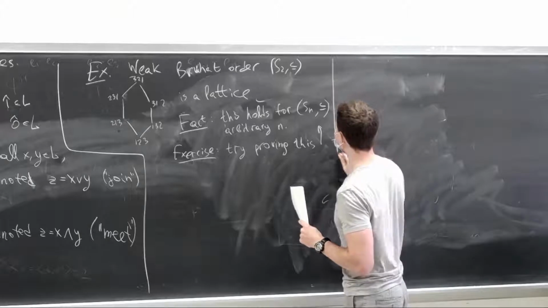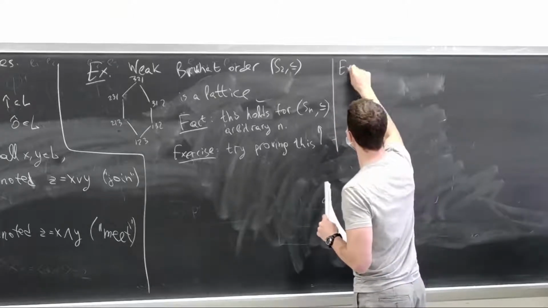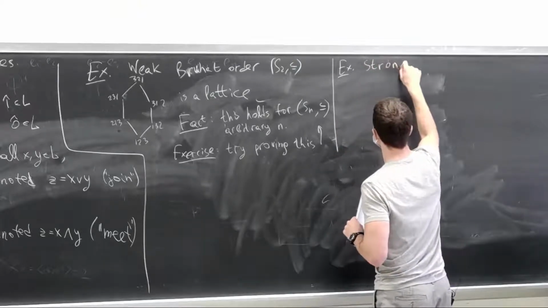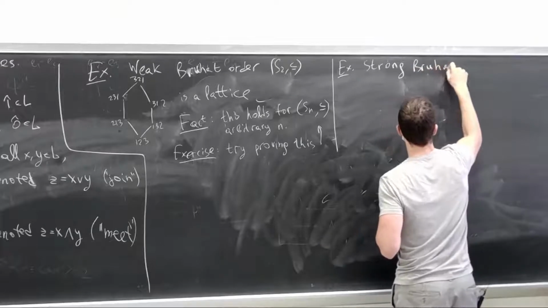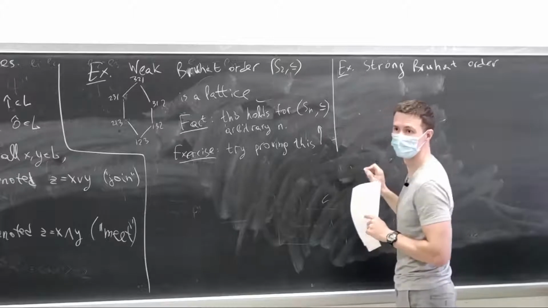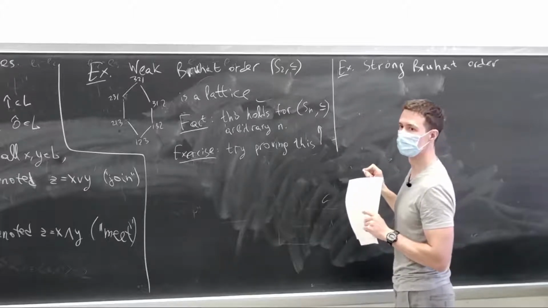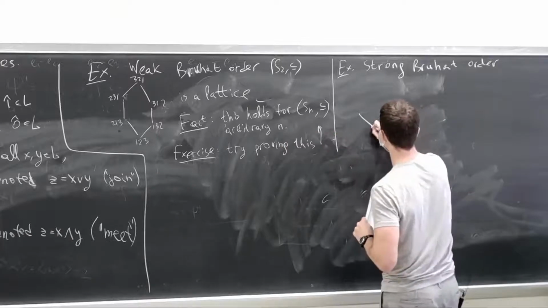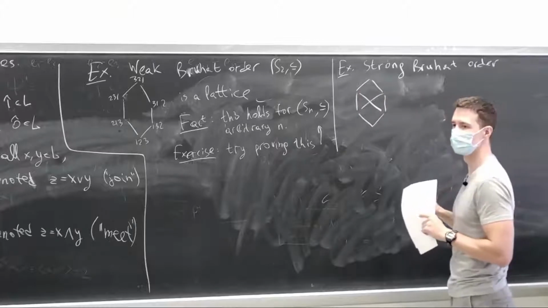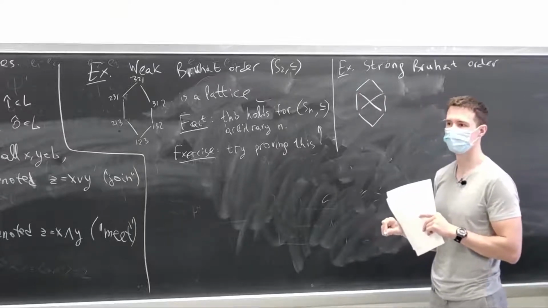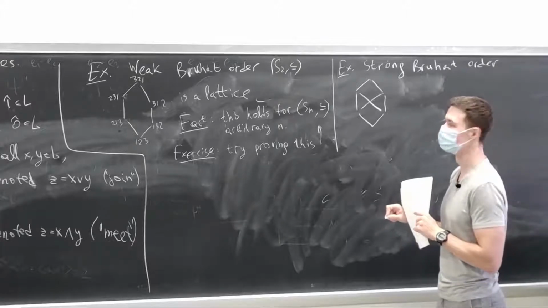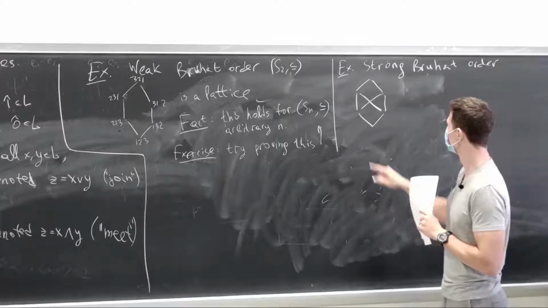And let me try another example, maybe I take the strong Bruhat order, do you remember how it looks like? Okay, this with an X. Thank you. So, is this a lattice? Yeah? No. Why not?